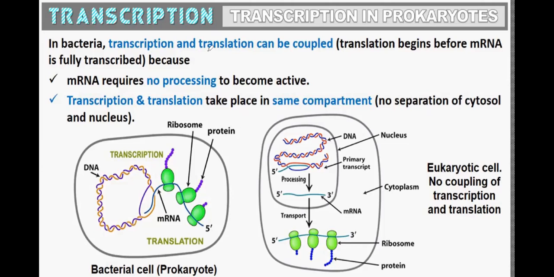So in bacteria, transcription and translation can be coupled, meaning they can take place at the same time. Why? Because translation begins before messenger RNA is fully transcribed, because messenger RNA requires no processing to become active. Why does it not require processing? Because in prokaryotes there are no introns, no intervening sequences.